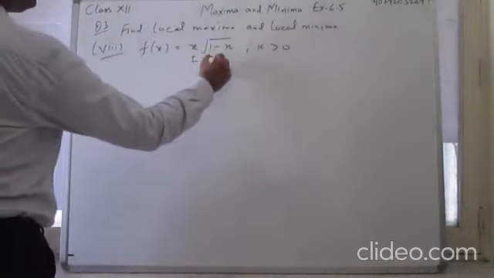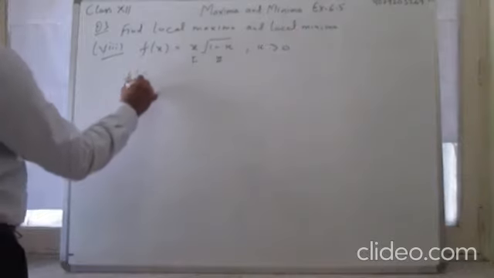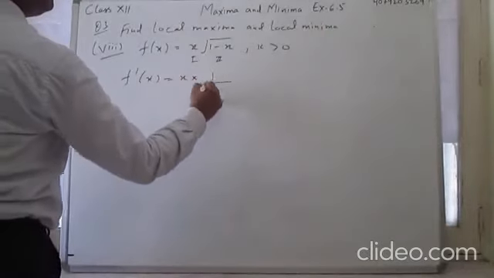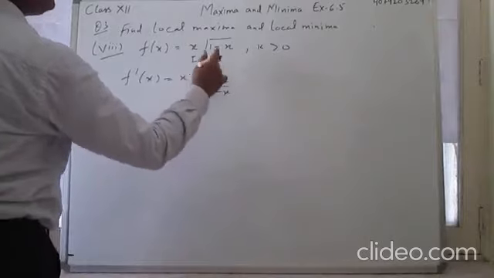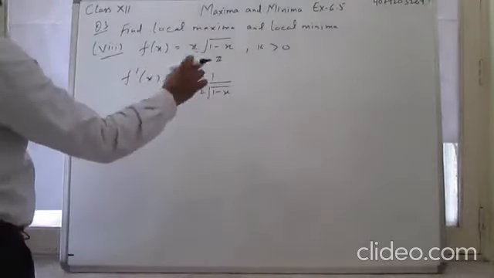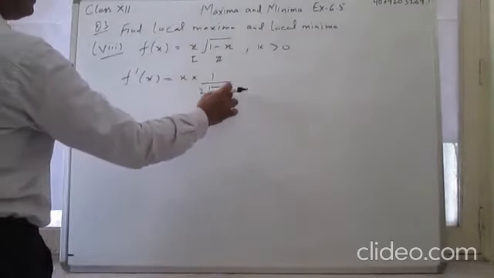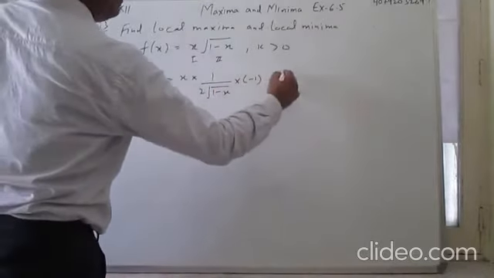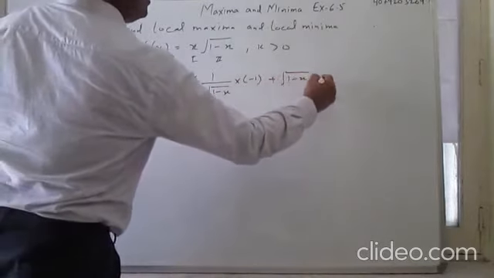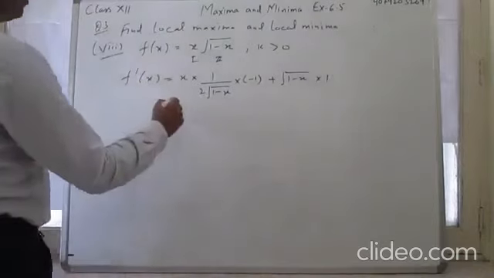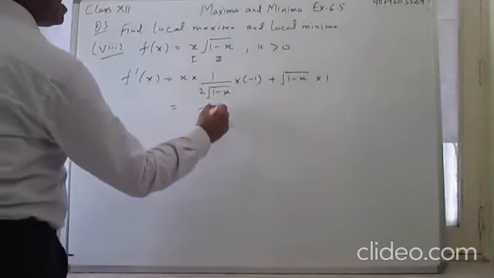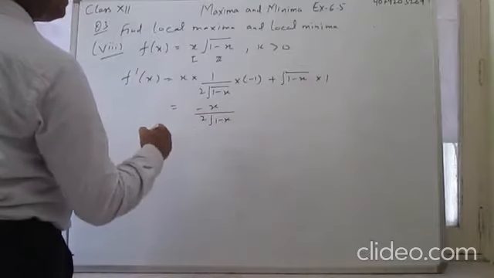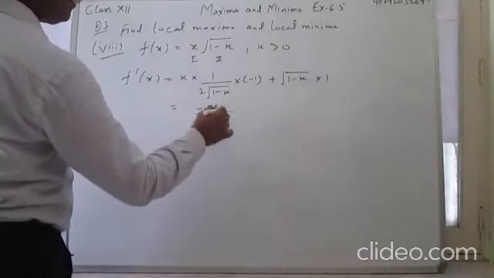This is the first function, this is the second function. f dash x is equal to first function into differentiate of second: x into 1 upon 2 under root 1 minus x. The derivative of root x is 1 upon 2 root x. Instead of x it is 1 minus x, so minus 1 from differentiating 1 minus x, plus second into differentiate of first. Now see here, it is minus x upon 2 under root 1 minus x. You can take LCM, 2 under root 1 minus x.